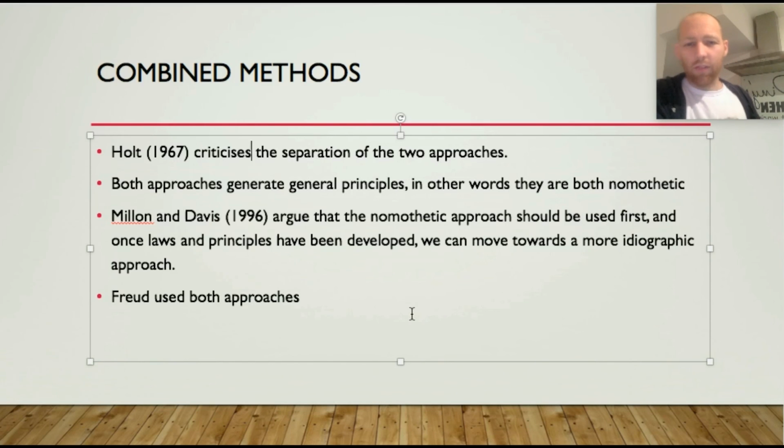That means we can generate these general principles and then go deeper in our idiographic studies to really find out why these principles work. So essentially you can cover the how and the why. Freud used both approaches, psychometric testing as well as really in-depth studies like Little Hans.